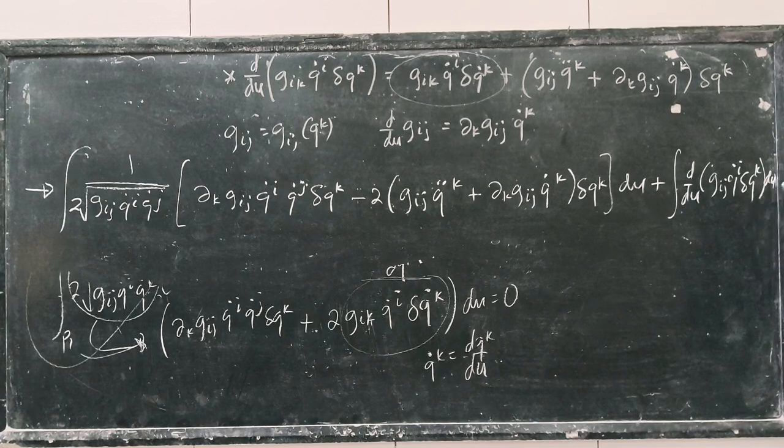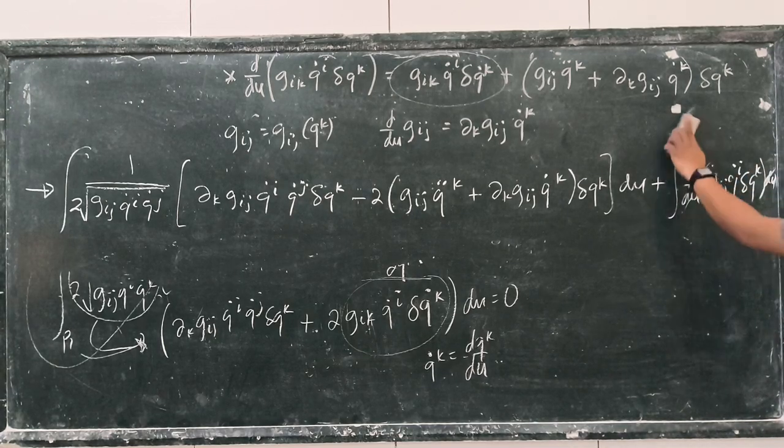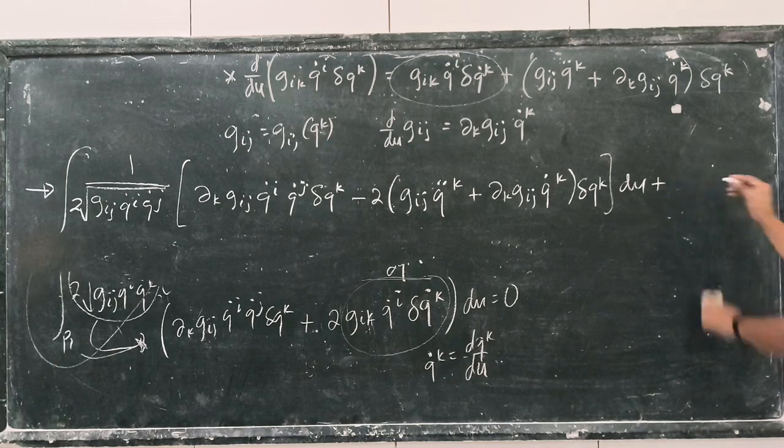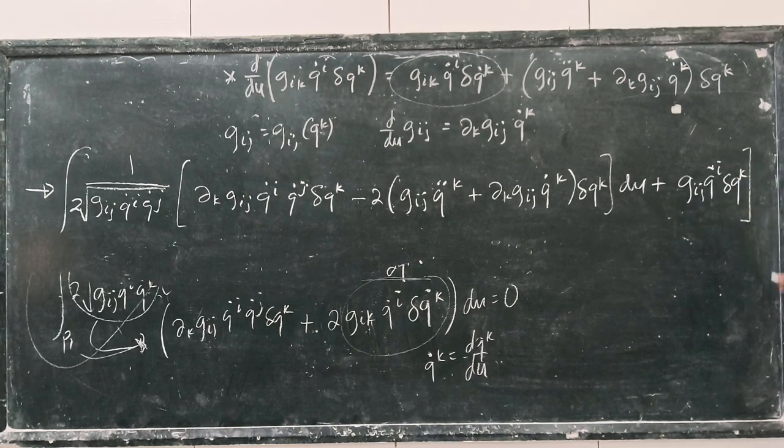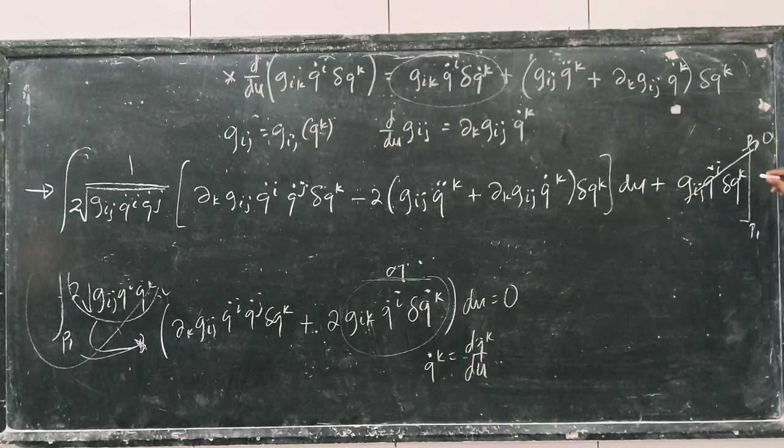Now we always know that the integral of this is just Gij Q dot I delta QK evaluated from P1 to P2, but again this is 0, since it is stationary. So this whole thing is equal to 0.